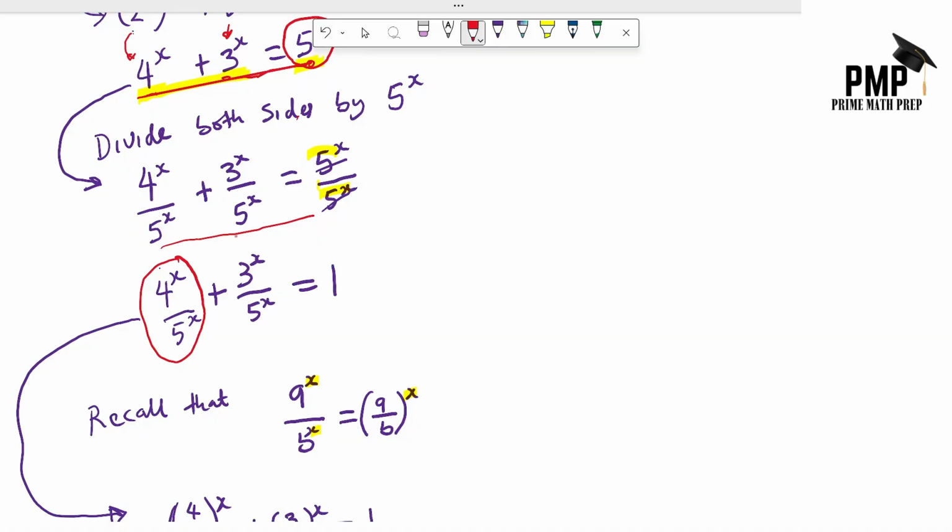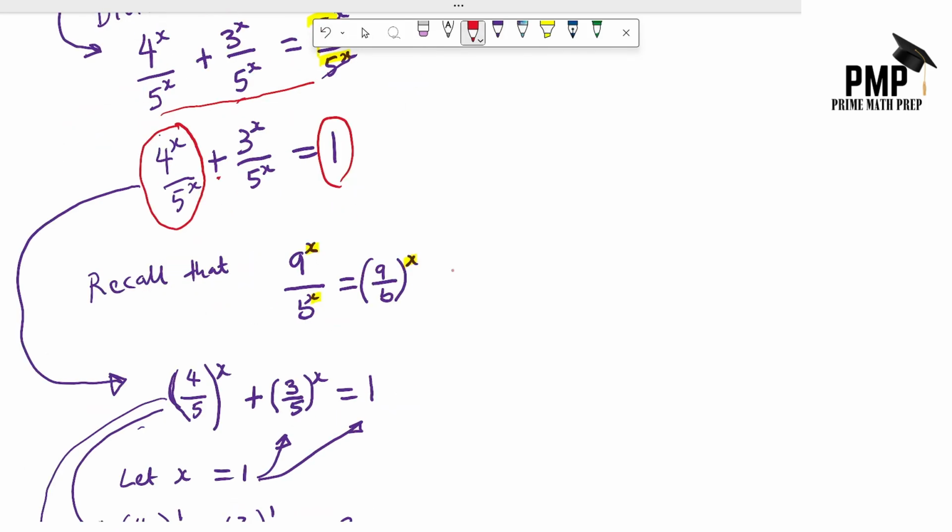We got 4 to the power of x divided by 5 to the power of x, plus 3 to the power of x divided by 5 to the power of x, equal to 1, because we wanted to equate everything to 1. If you recall our exponent law, this can still be written in this form, since they have the same exponents.